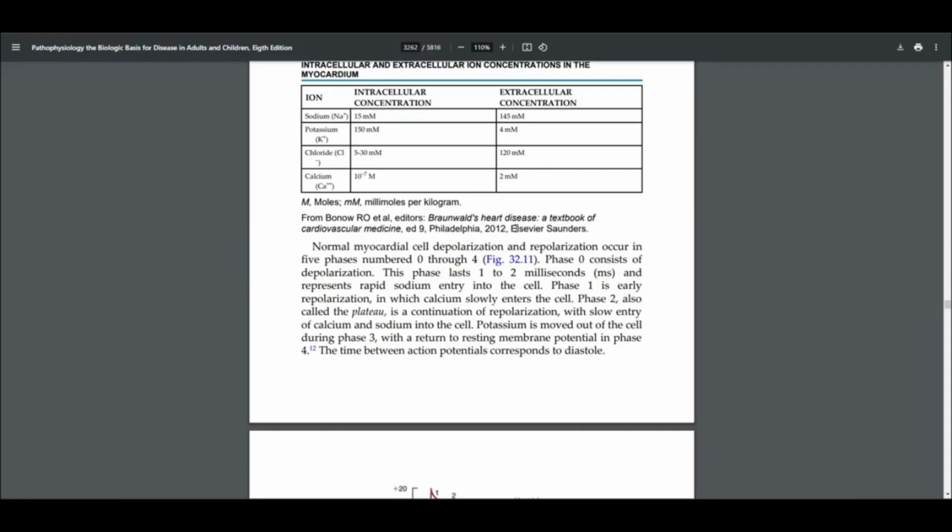Phase 2, also called the plateau, is a continuation of repolarization with slow entry of calcium and sodium into the cell. Potassium is moved out of the cell during phase 3 with a return to resting membrane potential in phase 4. The time between potentials corresponds to diastole.